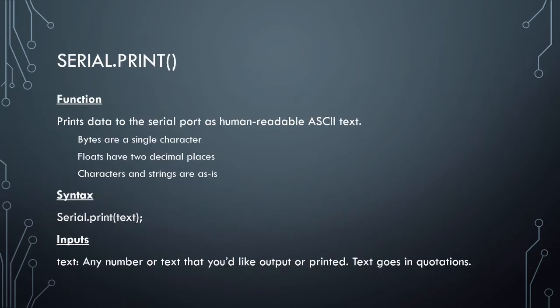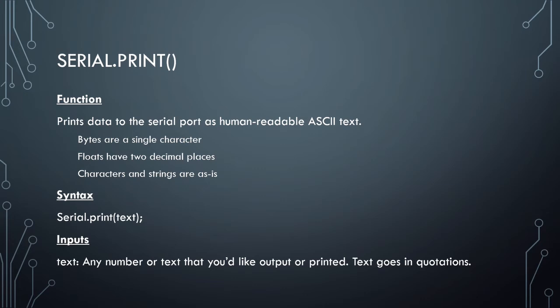We are now on to our last command for this lecture, and that's going to be the serial print command. So what this does is it will print any data that you have declared or any data that you note to the serial port as human readable text. So you'll have what's called a serial port where you can kind of see the outputs of a program happening.